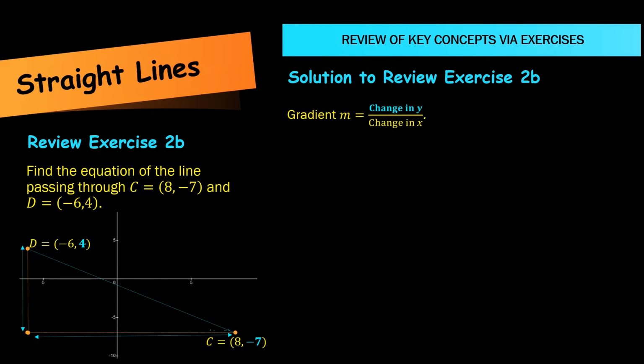The change in y is 4 minus minus 7, and the change in x is −6 minus 8. Tidying up gives us that m is equal to 11 over −14.